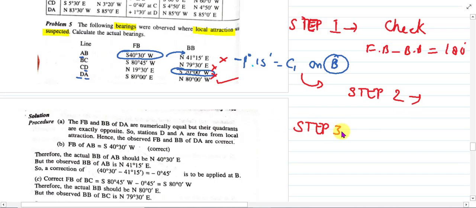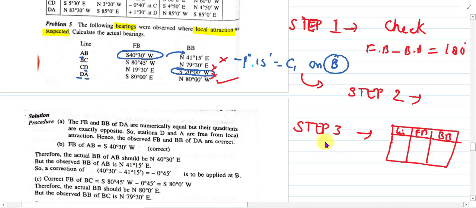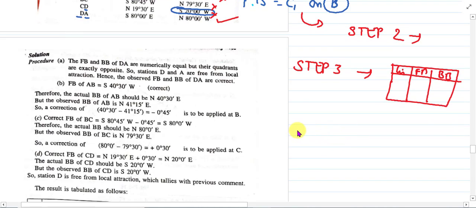What is this step number 3 for you? You have to prepare a table with 3 columns and a number of rows. The first column represents the line, the second one is FB, the third one is BB. So this is the third step, and the last step, step number 4, depends on your question.